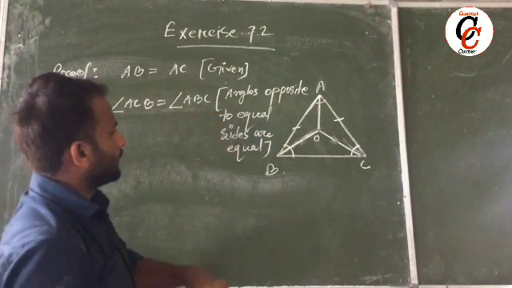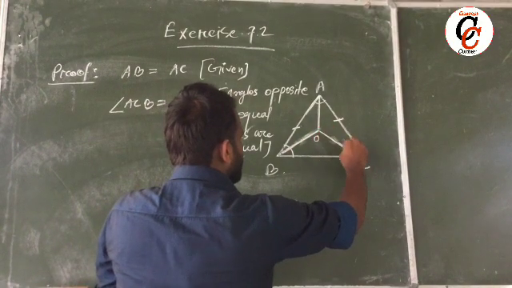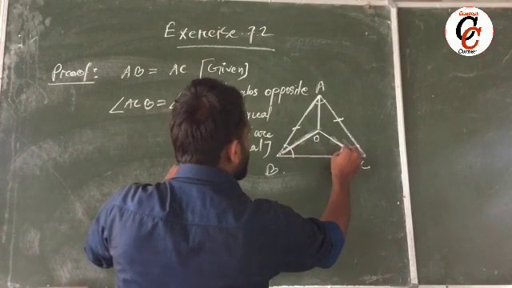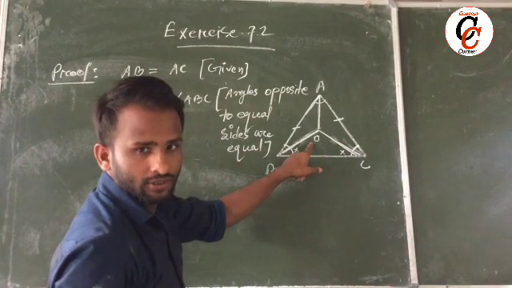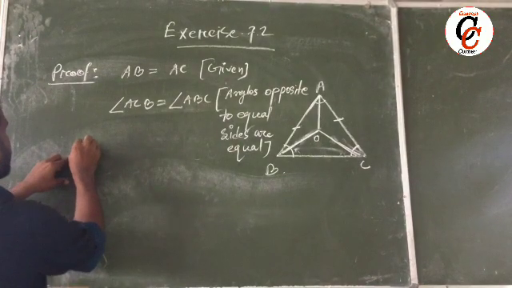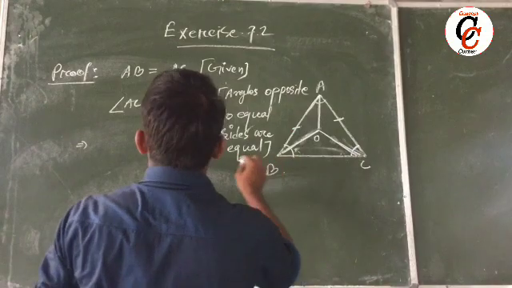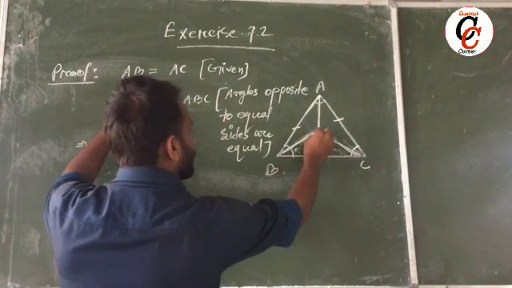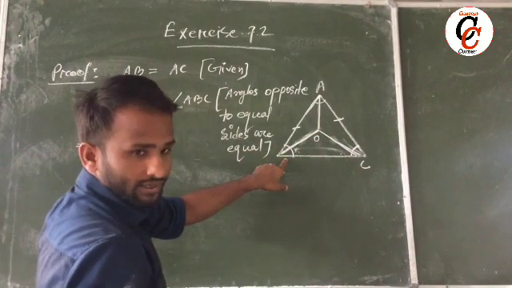So since they are equal, we need to prove these two parts are equal. If somehow we can show these two angles are equal, then we can prove that these two sides are equal. So how will we do it? ACB we can write as twice of OBC, because OB is the bisector of angle B, it is given.